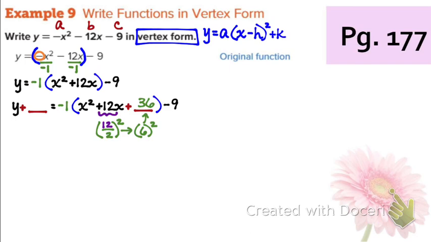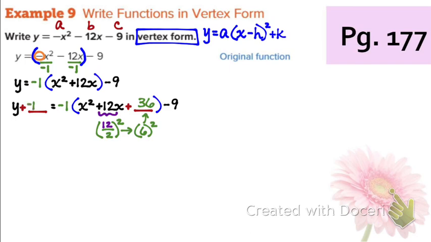Question, be very careful. What did we do to this side? What did we add over here? I added 36, but what's in front of these parentheses? -1 is supposed to get distributed to all these things, right? So over here, if I'm going to do the exact same thing to the other side, I need to take a -1 times this, because that's what I did to this side.